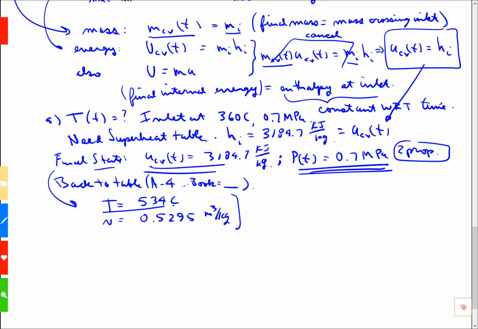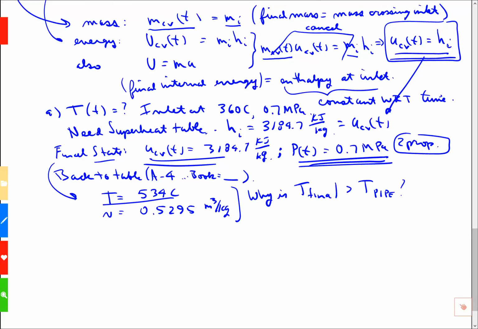Now, that's the answer to part A, 534 C. But why is T final greater than T of the pipe? We said that the energy equation told us that the internal energy at the final condition was equal to the enthalpy in the pipe. Well, recall that enthalpy is a defined quantity.